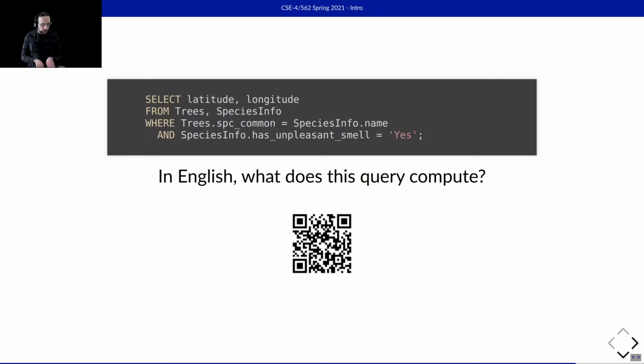In this particular query, I'm specifically interested in pairs that have the same common name in the trees table as the corresponding species name attribute in the species info table. So a join essentially takes tuples from two different tables and pairs them up with each other.